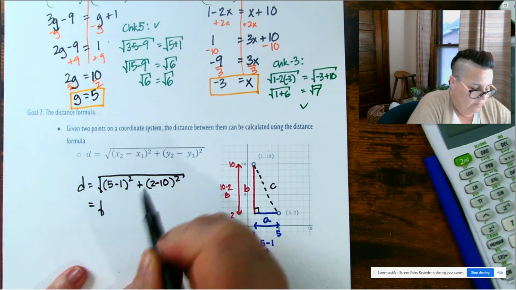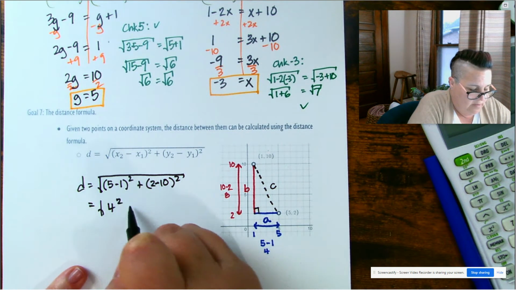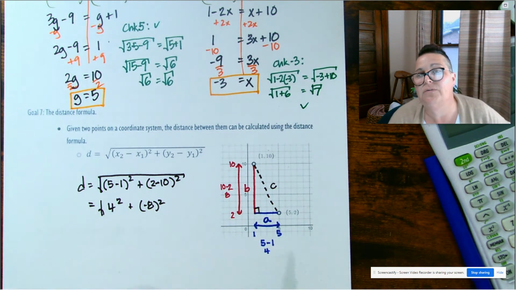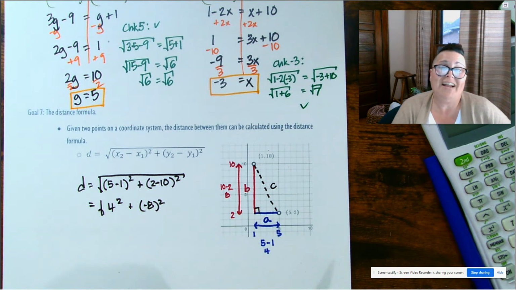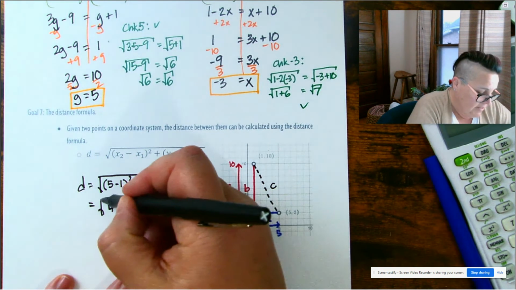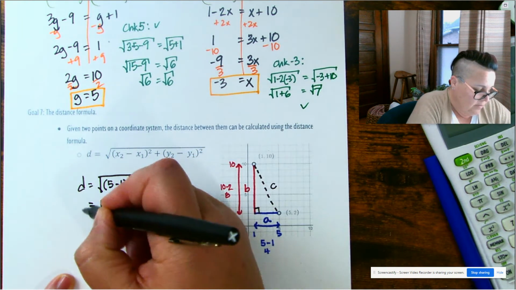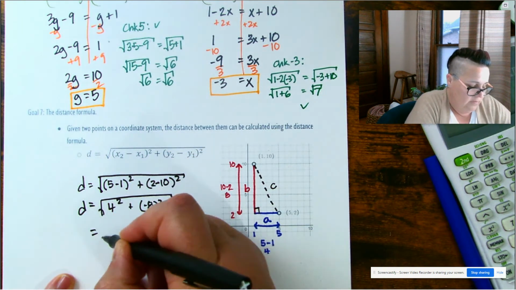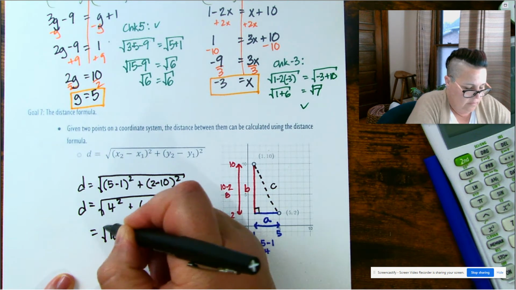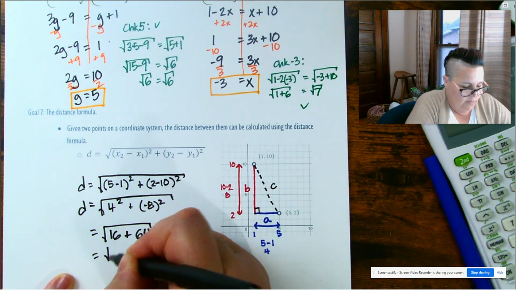Or the square root of 4 squared plus a negative 8 squared. Does it matter if I do negative 8 or positive 8? Not if I'm squaring it. If I'm squaring it, it's absolutely fine, right? Because 8 times 8 is 64, and negative 8 times negative 8 is 64. So this would be the square root of 16 plus 64, which is the square root of 80.